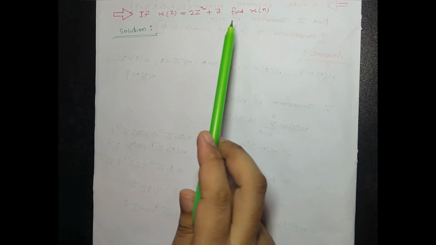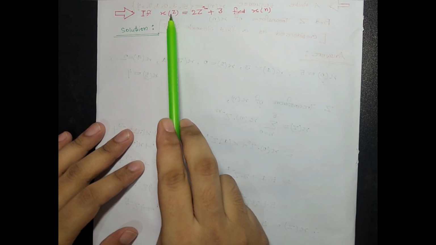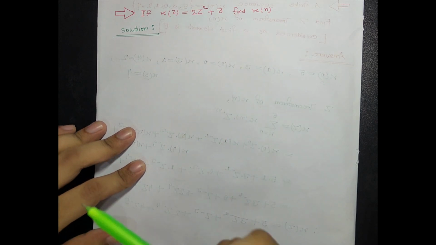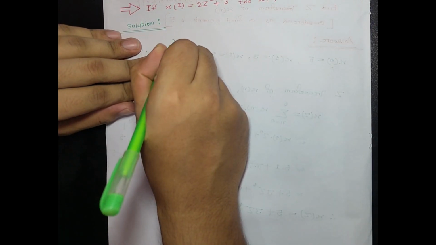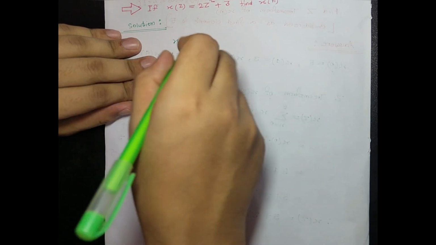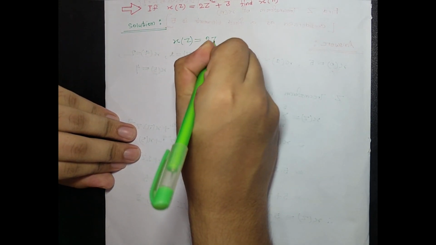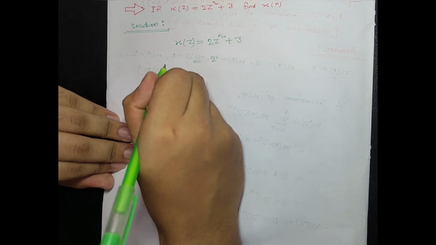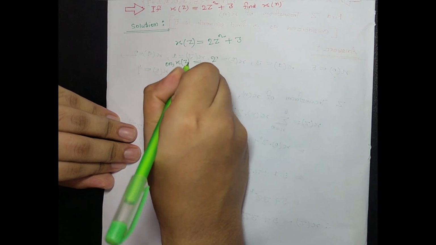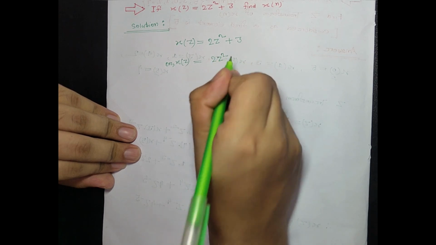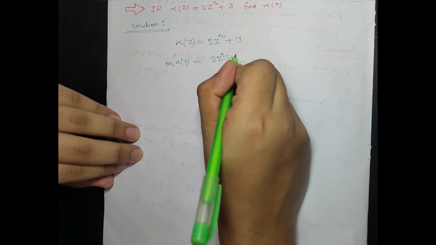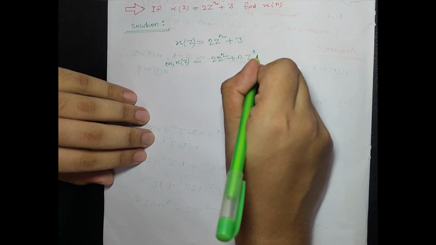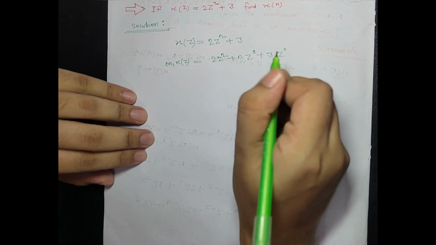Another problem of inverse z transform: if x of z equal to 2z square plus 3, find x of n. The solution is x of z equal to 2z square plus 0 into z to the power 1 plus 3 into z to the power 0.